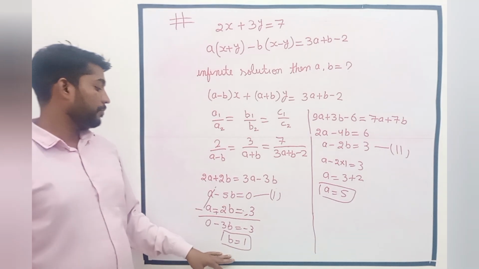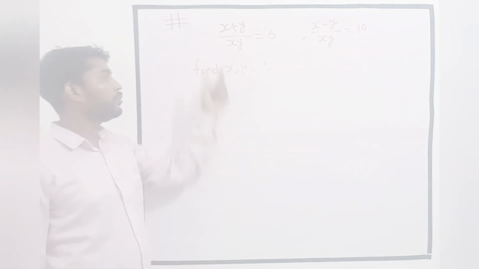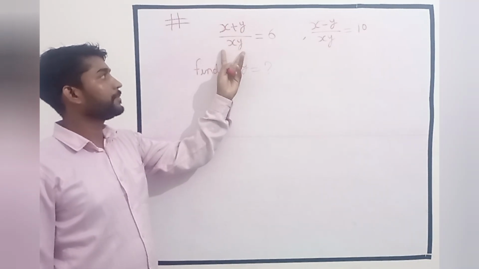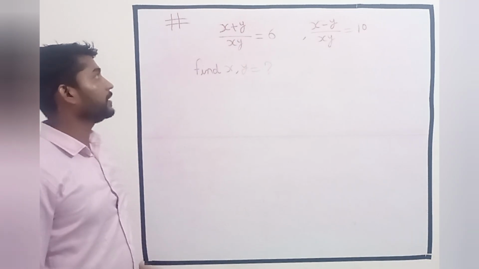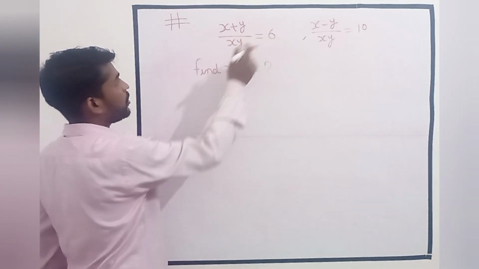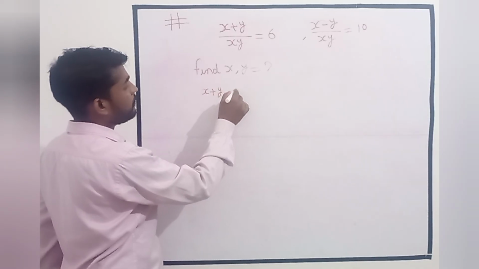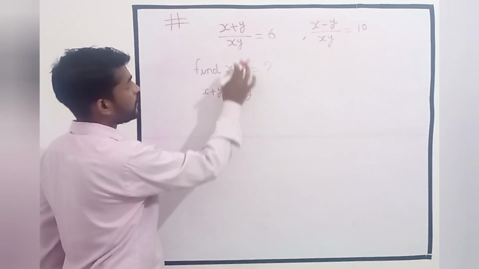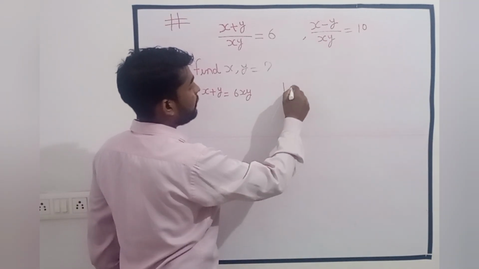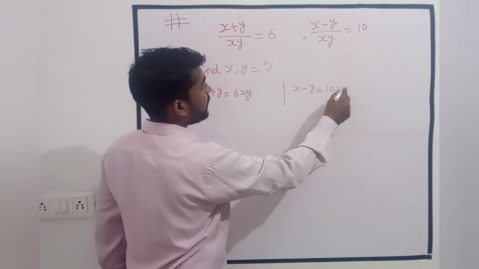and these two equations have infinity solution. If we put b equal to 1 and a equal to 5, the type of linear equation in two variables, and this time it is sum in numerator and product in denominator, and we have formed the linear equation. First we will cross multiply in this, and then we have x plus y equal to 6xy, cross multiply, and then from this again we cross multiply, and then we have 10xy.